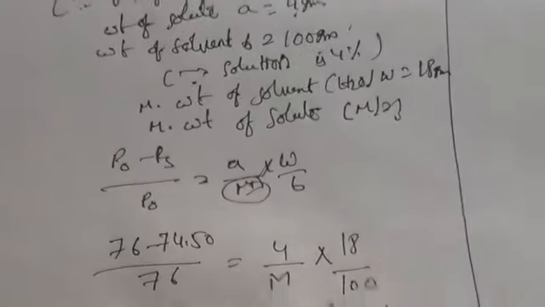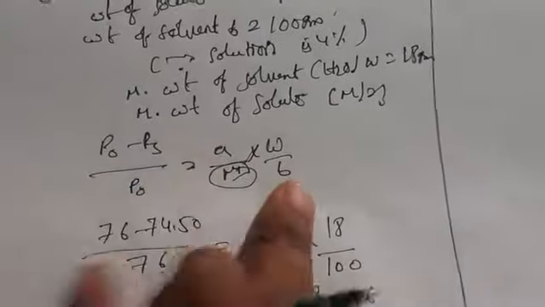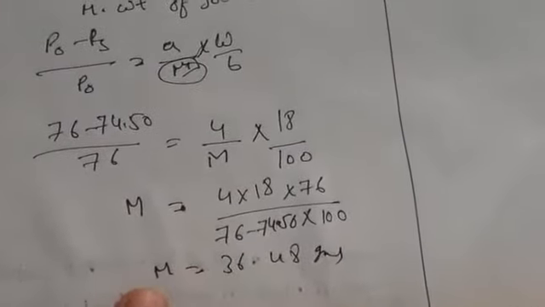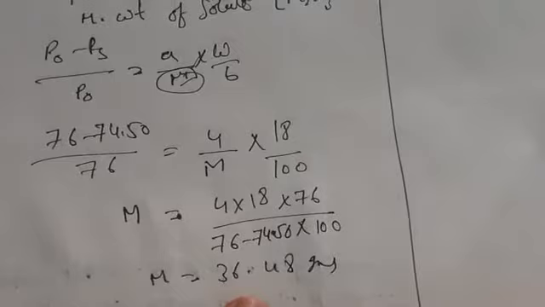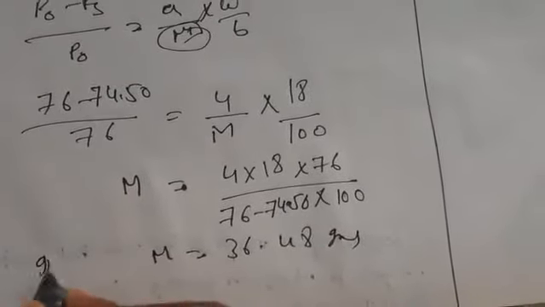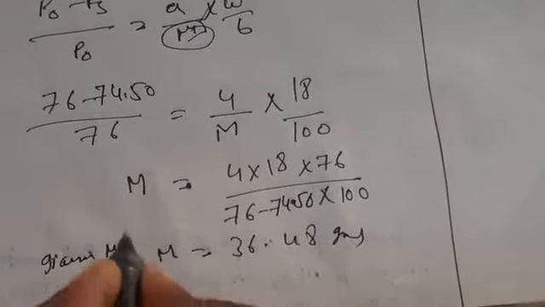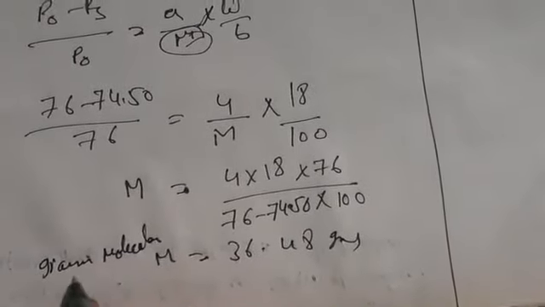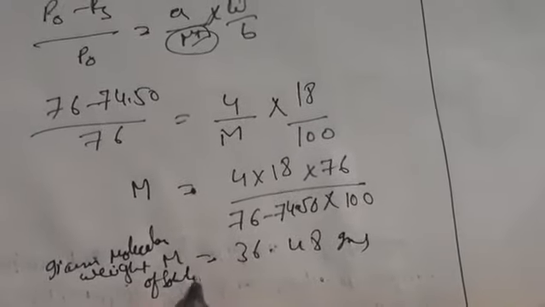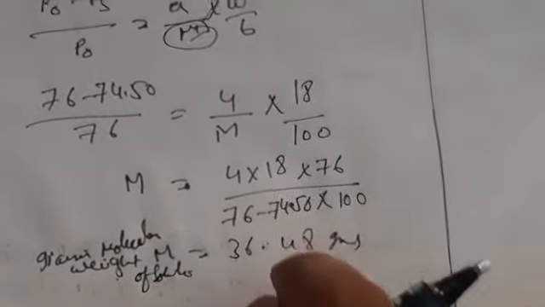So when substituting this in Raoult's law formula, and doing this calculation, we get the gram molecular weight of the solute, M, equal to 36.48 grams.